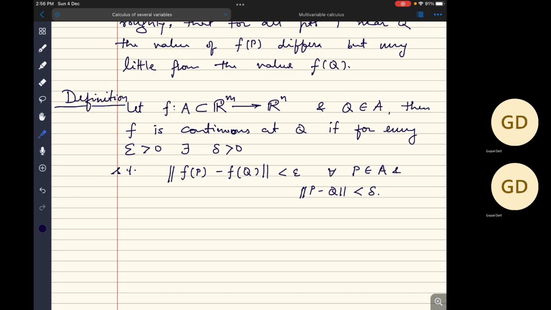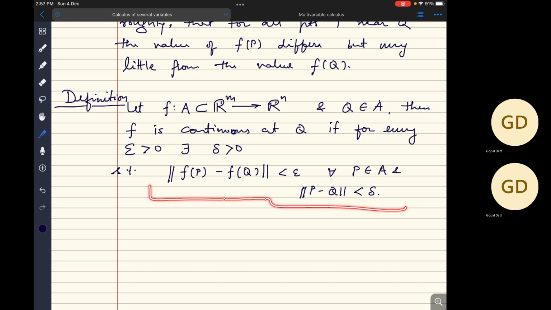So here we have a set A in R^m and we have a function f from A taking values in R^n, which means it is a vector valued function. Suppose we have a point q in A, then we say f is continuous at the point q if for any epsilon positive we get delta such that this thing happens.